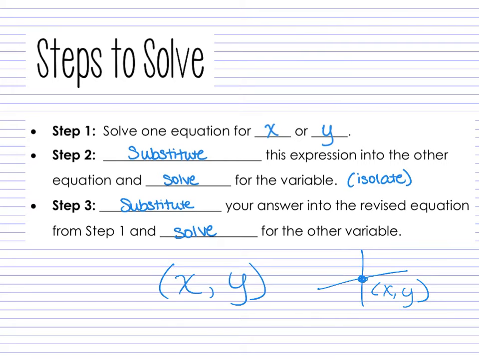In substitution, we're doing more of that algebra approach where we're going to find the x and y values that, if we put them into either equation or both equations, will make the equation true. So we're dealing more with the equations in this method, and more with numbers and using our rules of algebra to solve for these x and y points. But our answer is still the same. It's still going to be an x and a y coordinate.